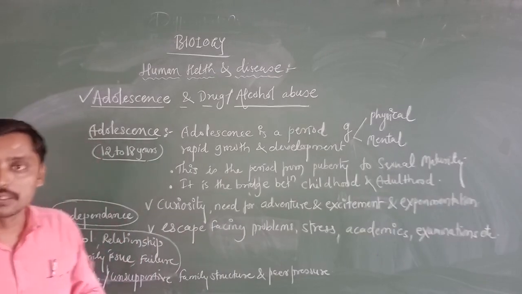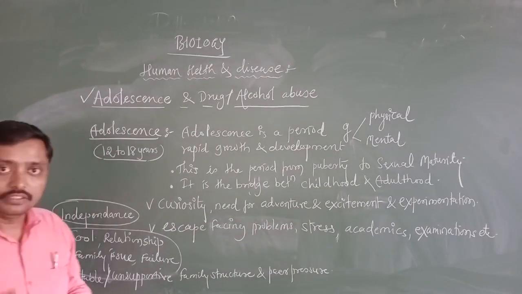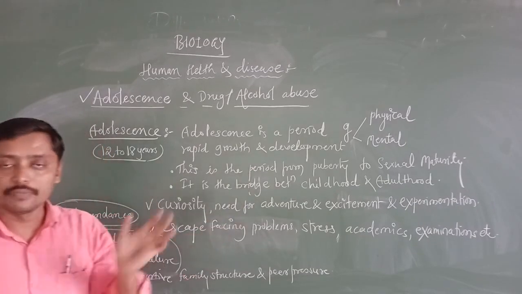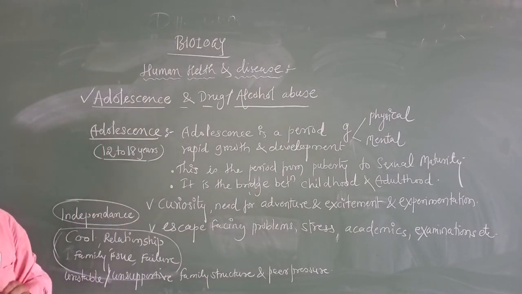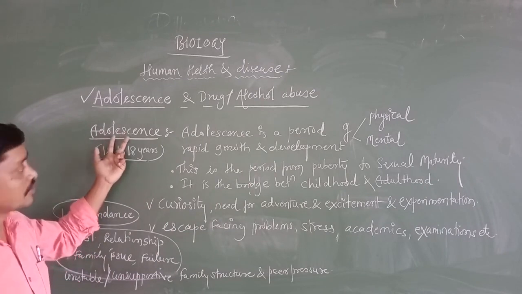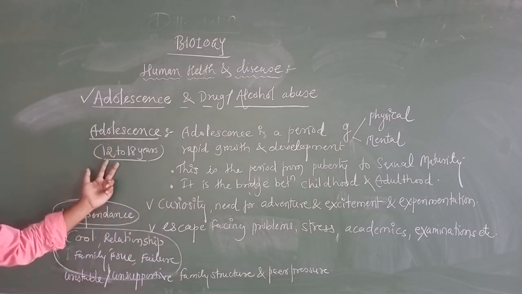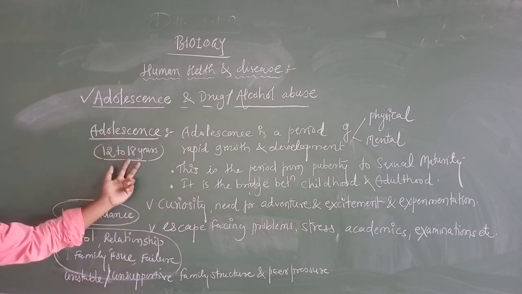In the sense, after birth, whatever period there is from puberty to sexual maturity, that period we call adolescence. And in your NCERT book, the adolescence age is mentioned as 12 to 18 years.